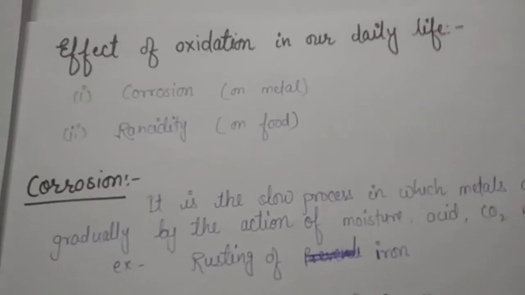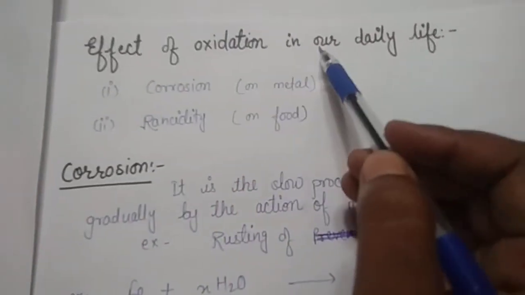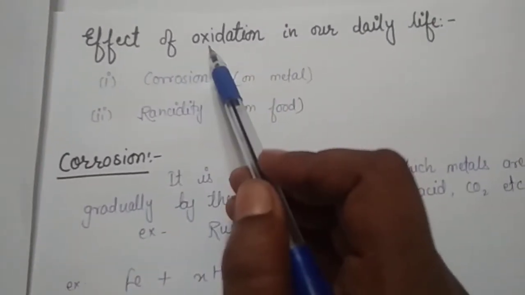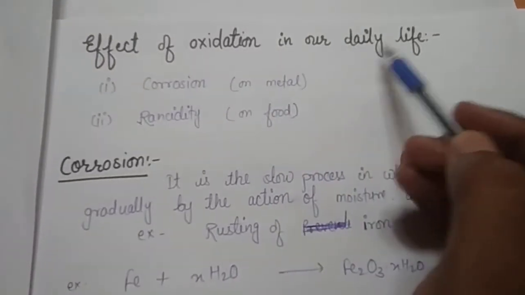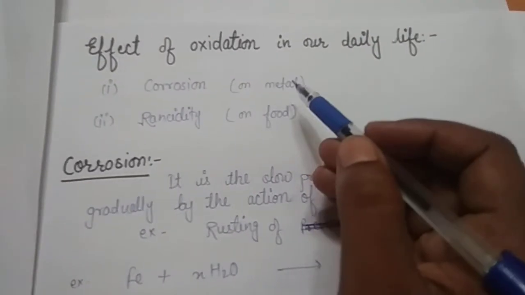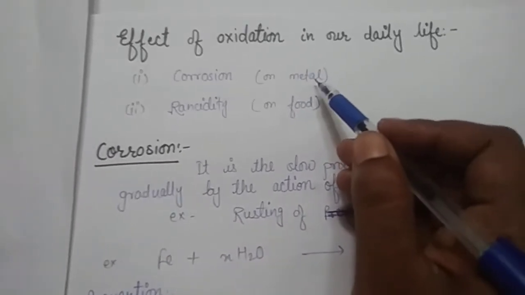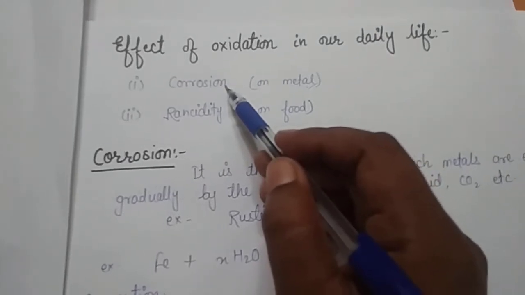Now the last topic of this chapter is the effect of oxidation in our daily life. What are the harmful effects which we see in our everyday life? See, children, if there is a harmful effect of oxidation on metal, that is called corrosion.